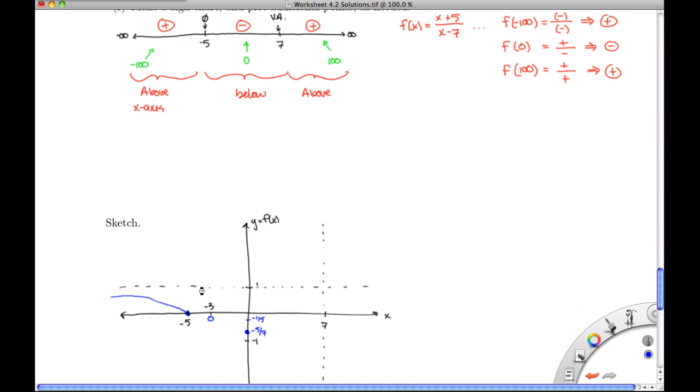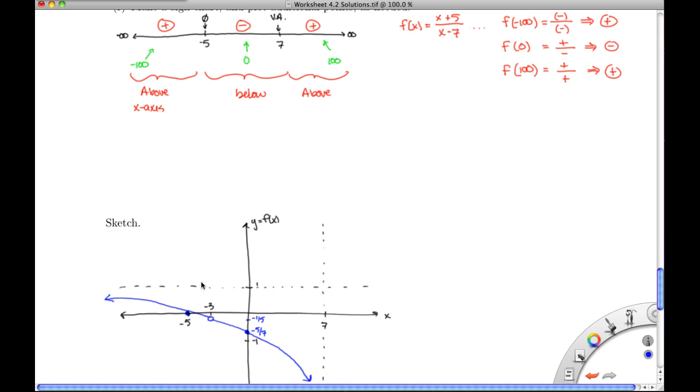Let's try that again. All right, I'm going to start over. So it hits right there, goes through, hits our hole, goes through the y-intercept, and now it's going to take a nosedive as it approaches this vertical asymptote.